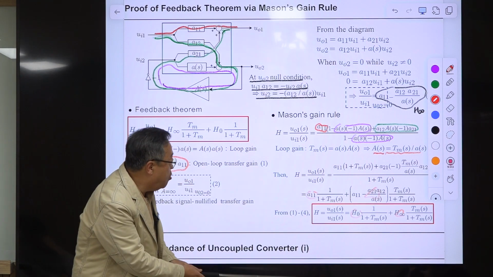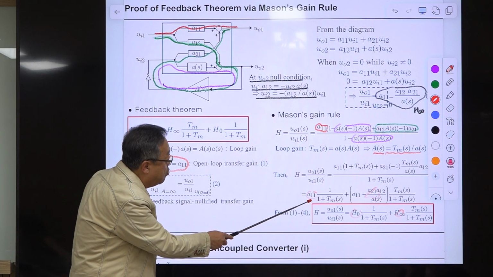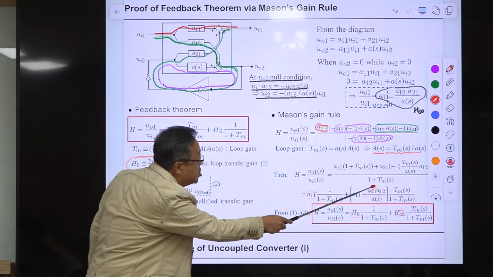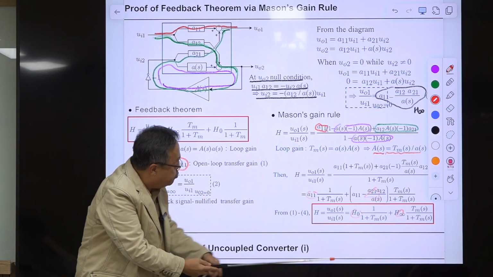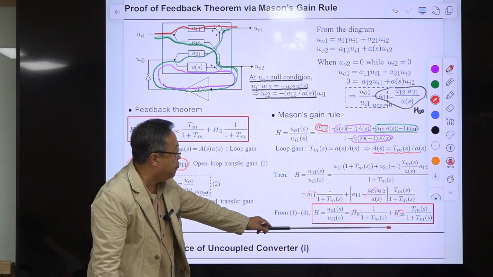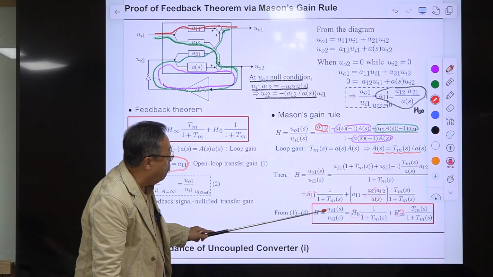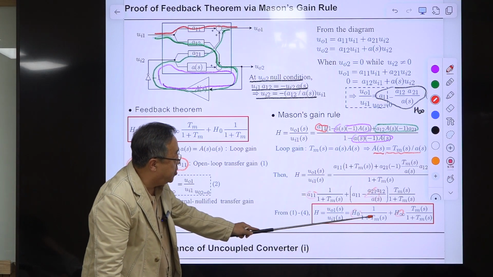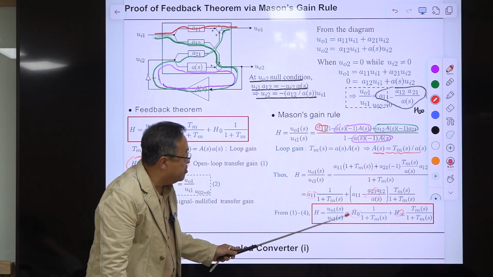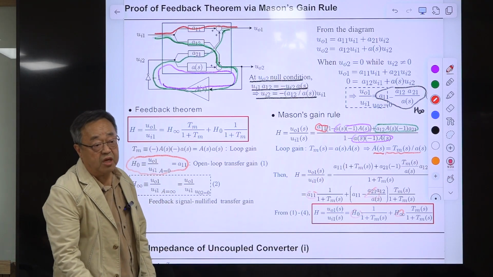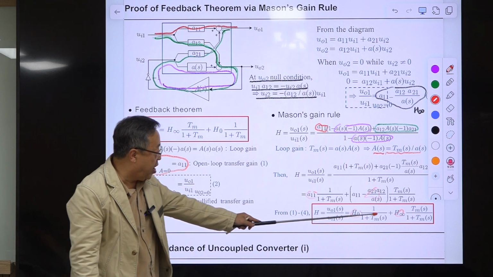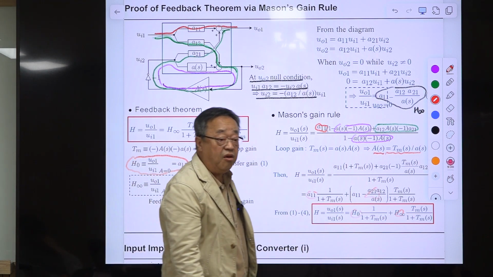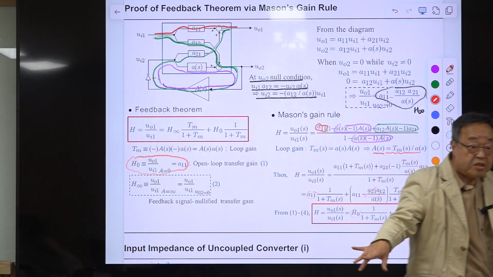So we know this is the H0, and we know this is the H infinity here. Then it transforms into the general form of the feedback theorem. The input to output transfer gain has the loop gain appearing here, and this is the transfer gain with feedback open. This is the transfer gain with feedback gain infinity. Two extremes.